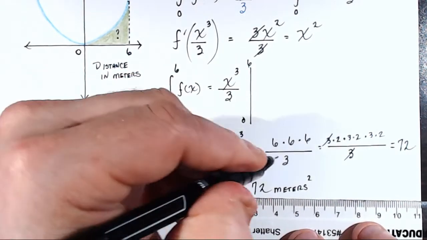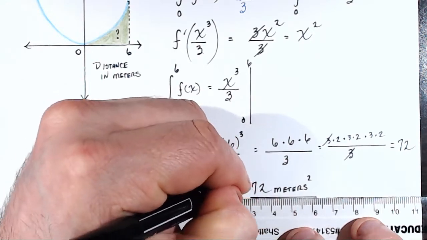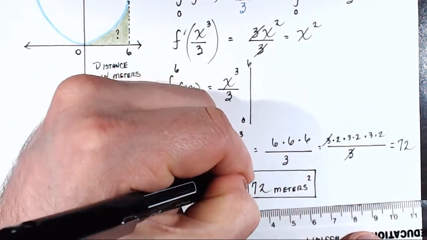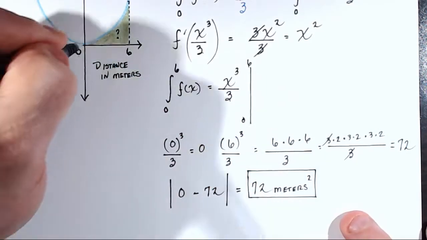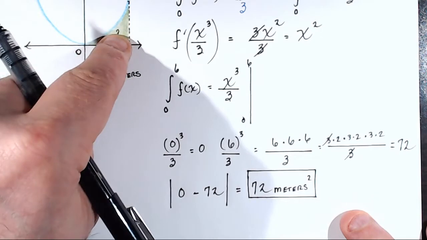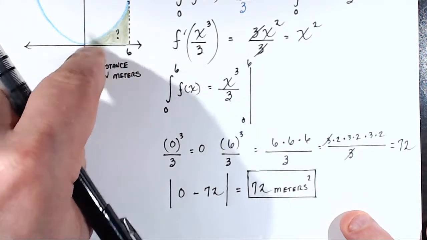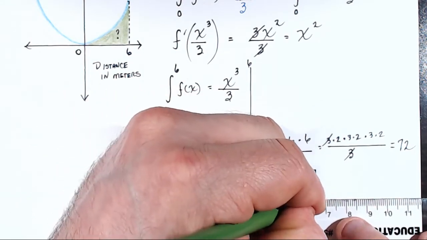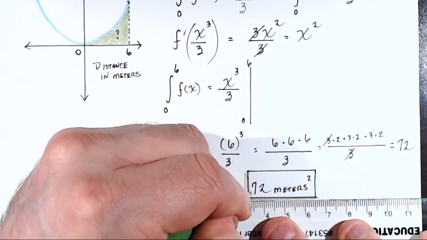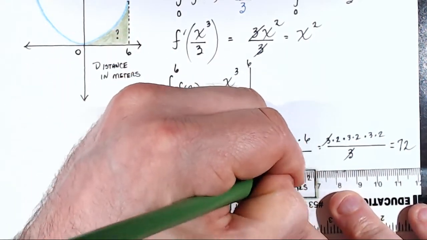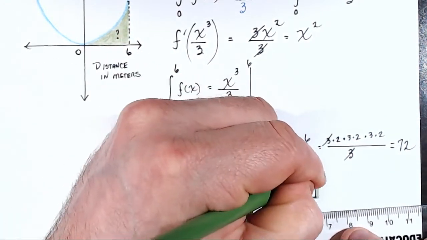And that represents the area under the curve. Okay, so that represents the area in this green shaded region. So this is the area, and that's the power of this tool called an integral. It's a really amazing piece of technology.